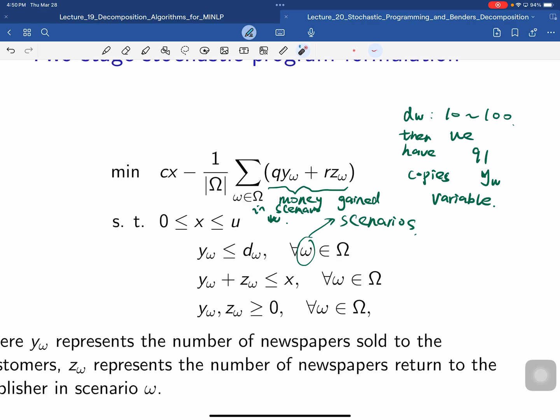If you have 91 scenarios, this number would be 91. So the idea of two-stage stochastic programming is to help you find a unique first-stage decision such that you minimize the expected cost across all the scenarios.